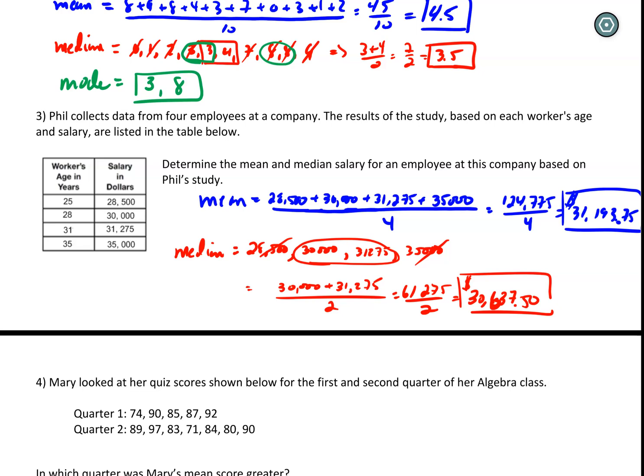So it looks like as they get older, they have more experience and they get paid a higher salary. But what happens if somebody comes into this company with an extremely high degree? Maybe they're 23 years old, just out of college, but they have an extremely high degree and take a high position with a high salary. That could skew the data a little bit.